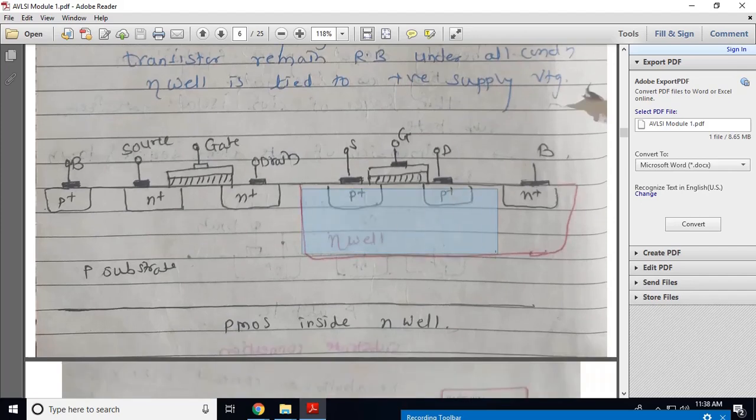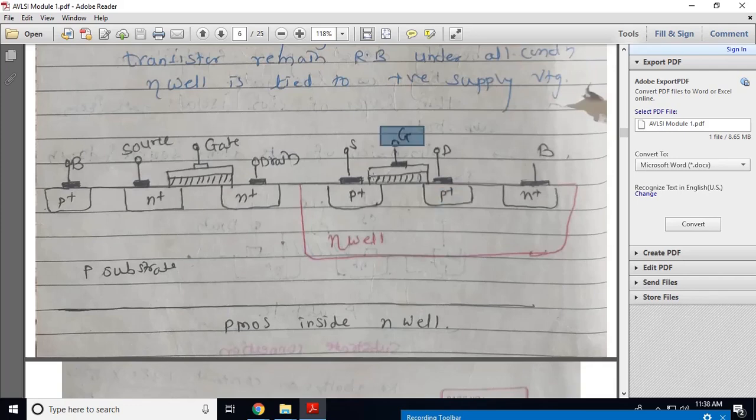So this is a PMOS device fabricated in a local substrate, that is the N well. P plus is the source terminal, and P plus is the drain terminal, which is P-type semiconductor material.